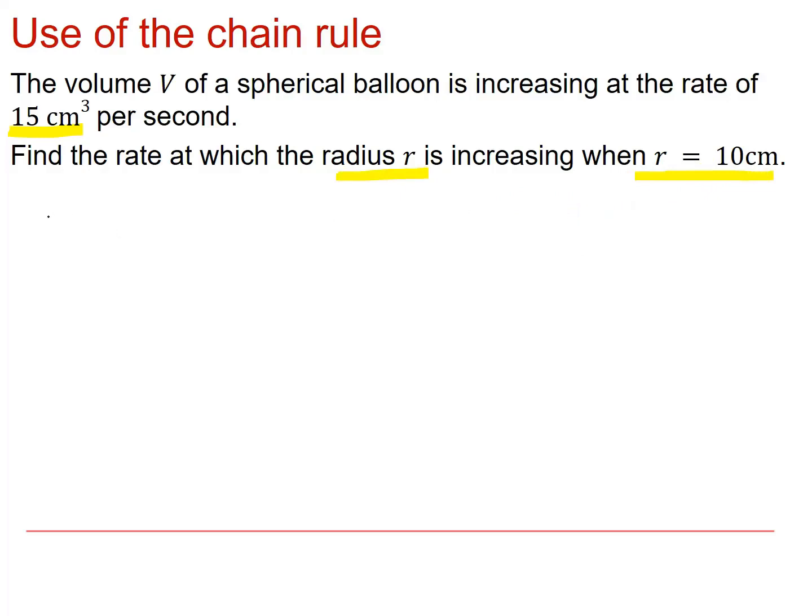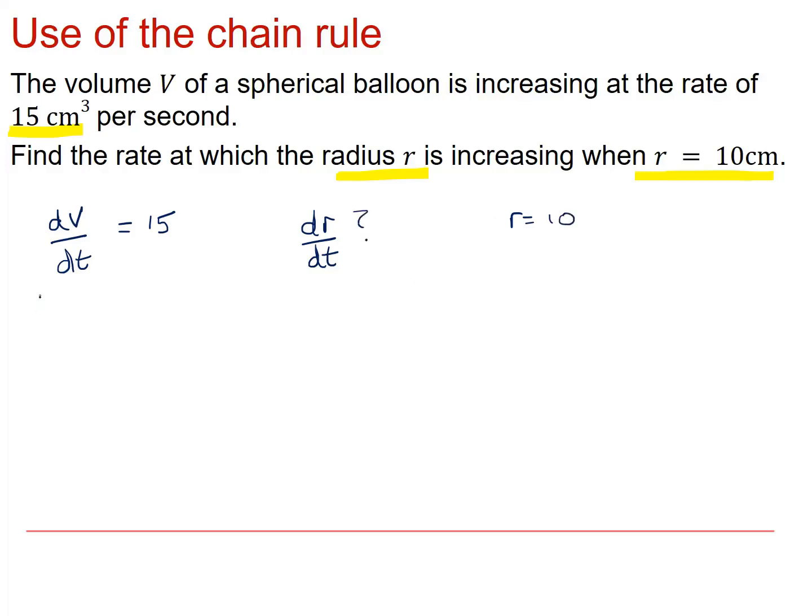Okay, so what do we know? We know the rate of change of the volume is equal to 15. And we want the rate of change of radius when r is equal to 10.